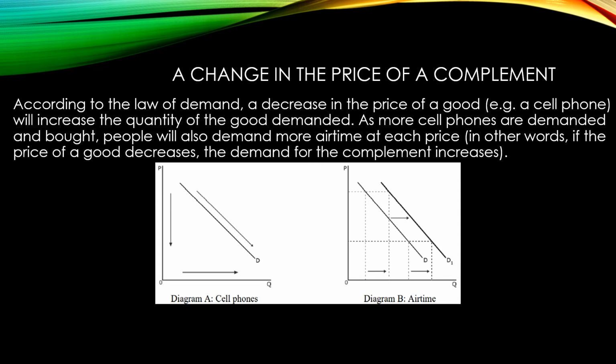A change in the price of a complement. According to the law of demand, a decrease in the price of a good, for example, a cell phone, will increase the quantity of the good demanded. As more cell phones are demanded and bought, people will also demand more airtime at each price. In other words, if the price of a good decreases, the demand for the complement increases.